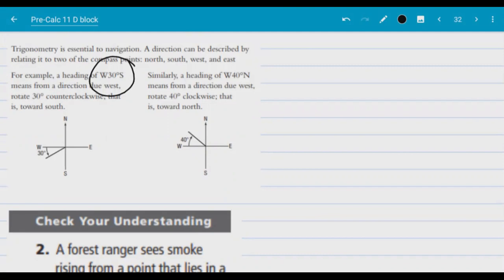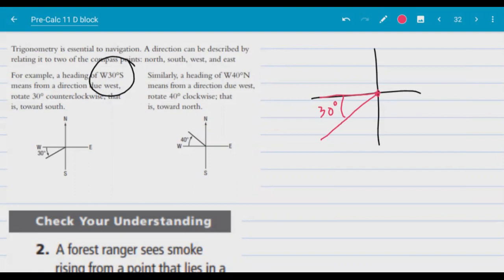If you're starting here, you will go west, and then from there, you will go 30 degrees to the south. You will see an angle that would be 30 degrees going to the south. There you go.